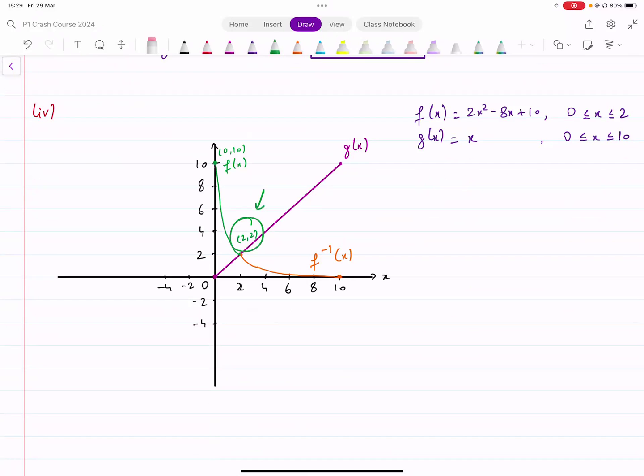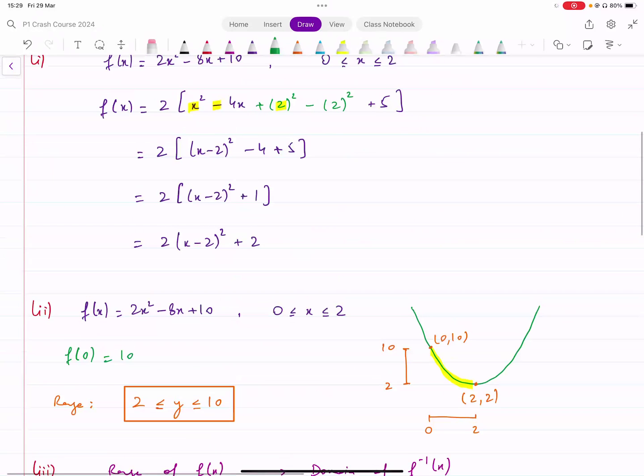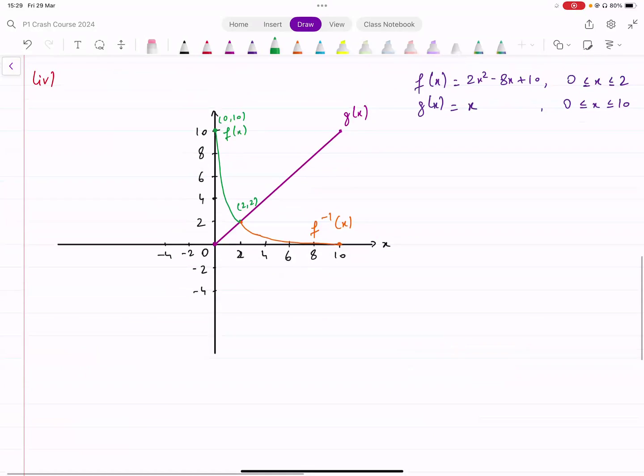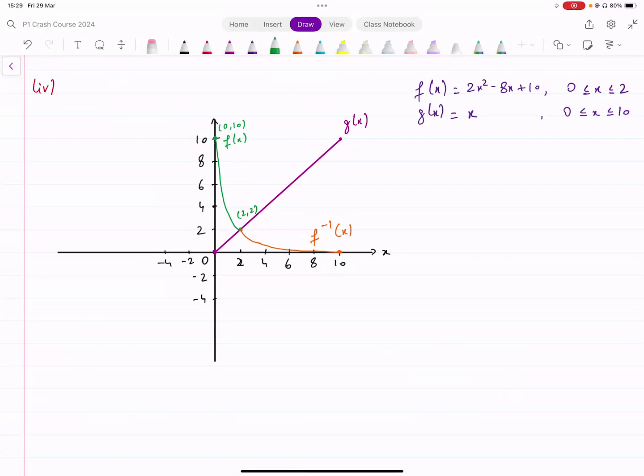We already knew this because we had this form here, and from this form we got that the turning point is 2, 2. So it was obvious that this point 2, 2 lies on the function. So we did not really evaluate it as such. But if you want to do that again, you can do that. Put 2 inside this function. You should get 2 from that. All right.